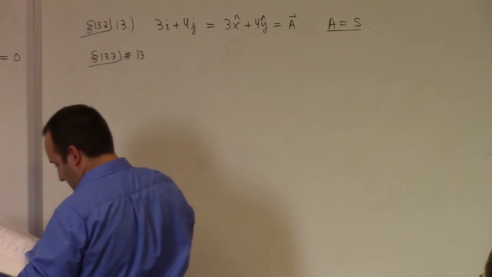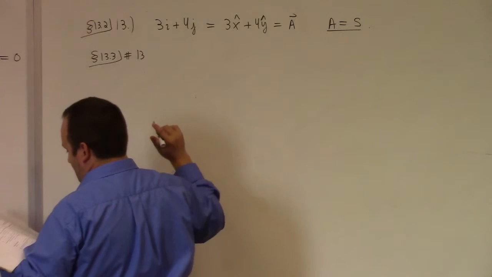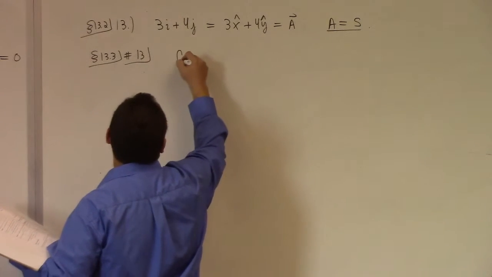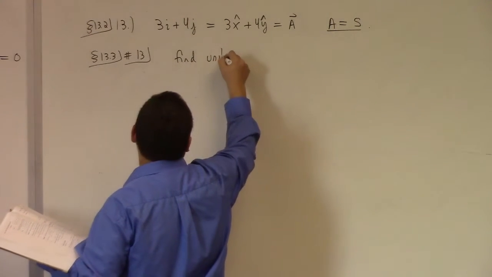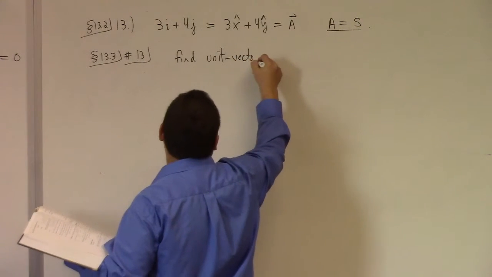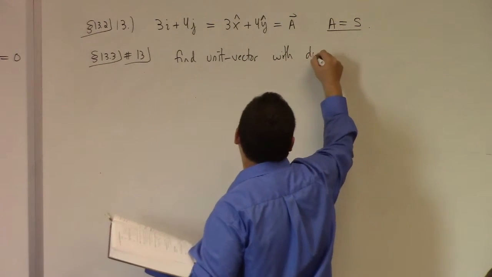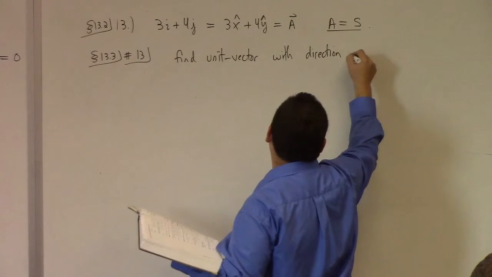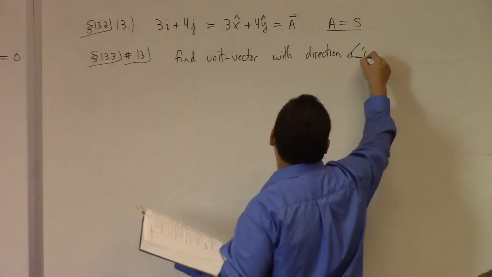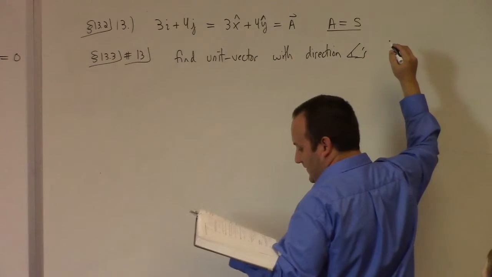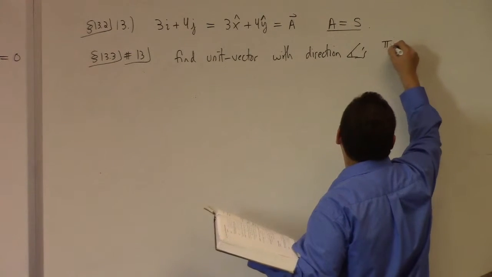Let's see here. Find the unit vector, direction angles. So that begs the question, what on earth are direction angles? What do you think that means?